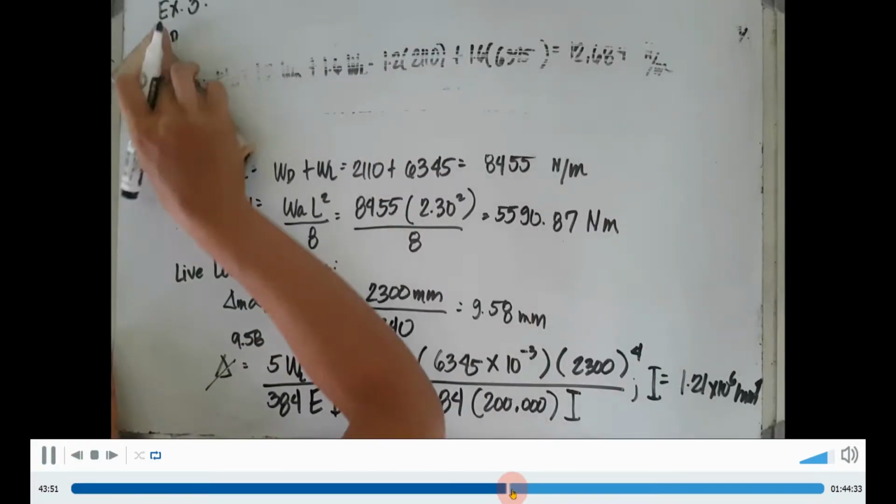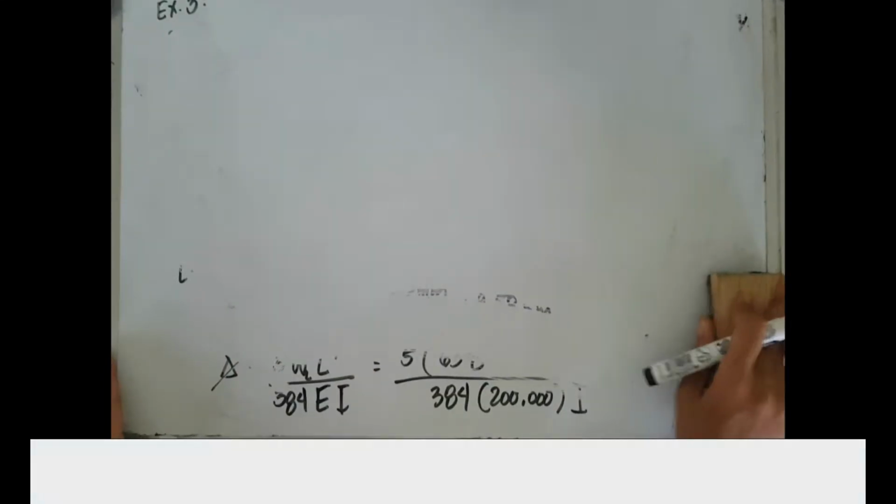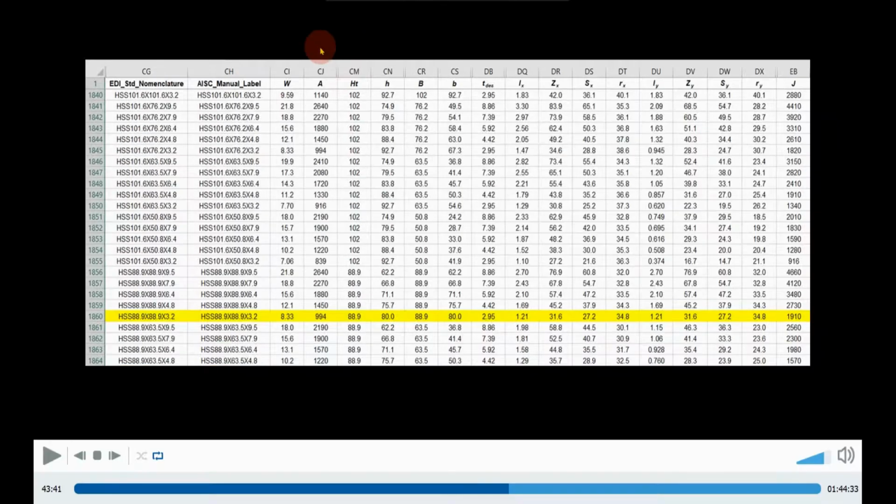And opening your steel handbook to locate the nearest possible moment of inertia that is equal to 1.21 times 10 raised to 6 millimeter raised to 4, we have the section HSS 88.9 by 88.9 by 3.2. It has a moment of inertia at x and at y of 1.21 times 10 raised to 6.